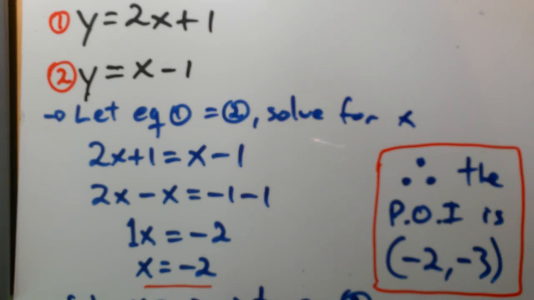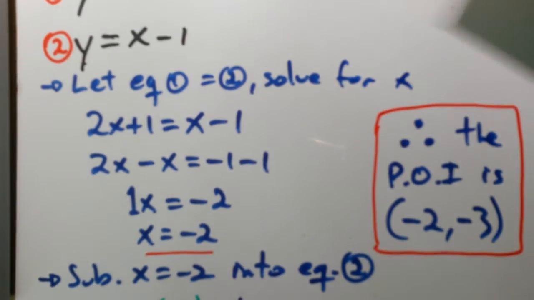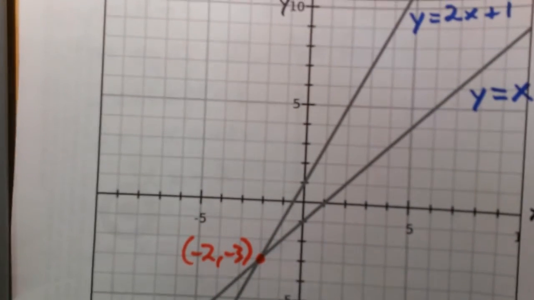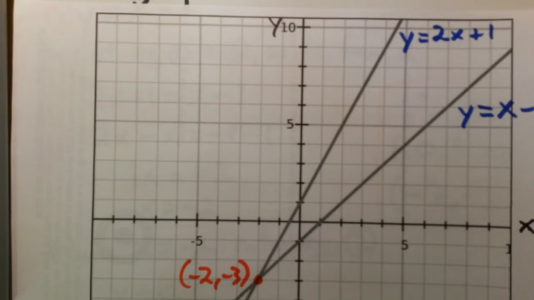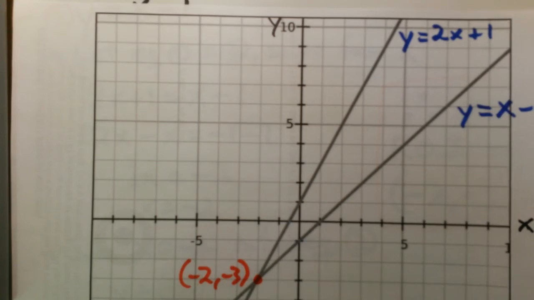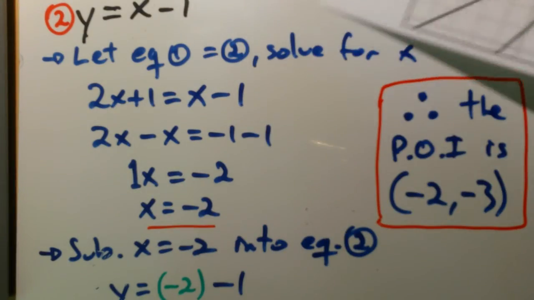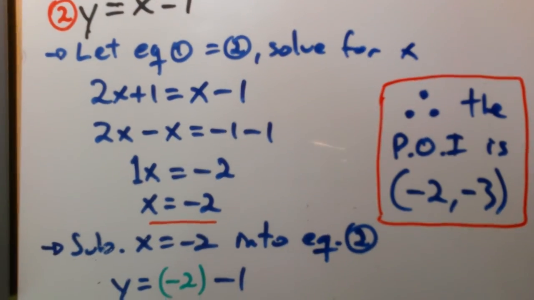And this, of course, matches what we expected to see. Graphically, we also noticed that the point of intersection was -2, -3, and here we just demonstrated this algebraically.